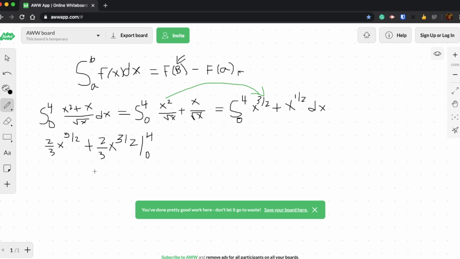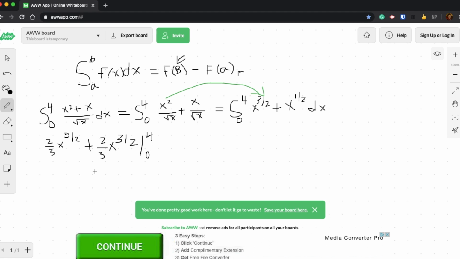Now, what do you think we would do after this? So now we've got our general antiderivative of our original function, right? So this is the antiderivative.